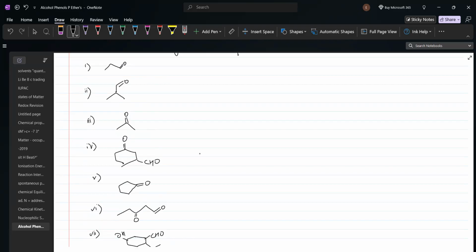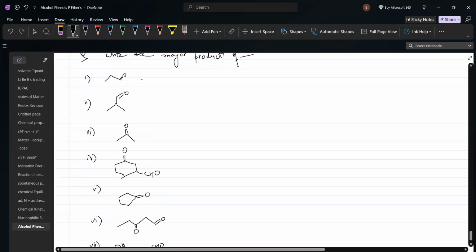Sir, we have to use the reducing agent here. All are having reducing agent. Okay. I'm not writing the reducing agent. You can use any one of the reducing agents above. They all work in the same way.